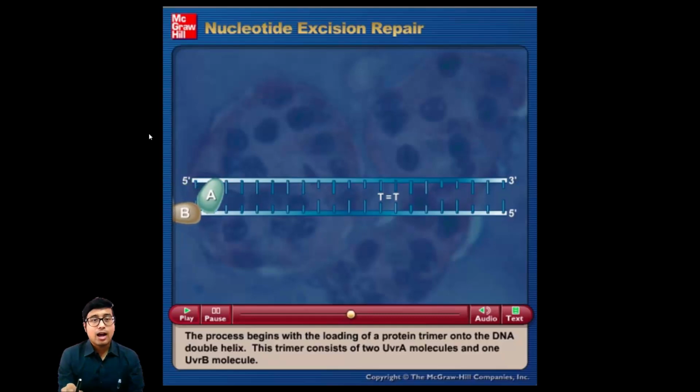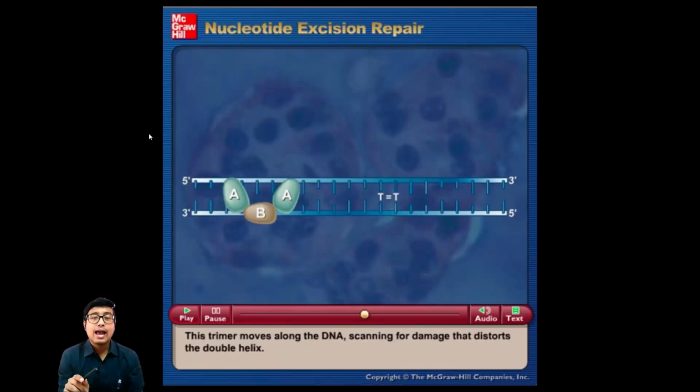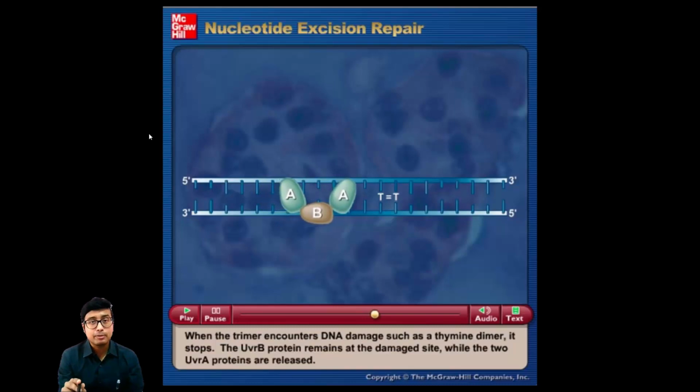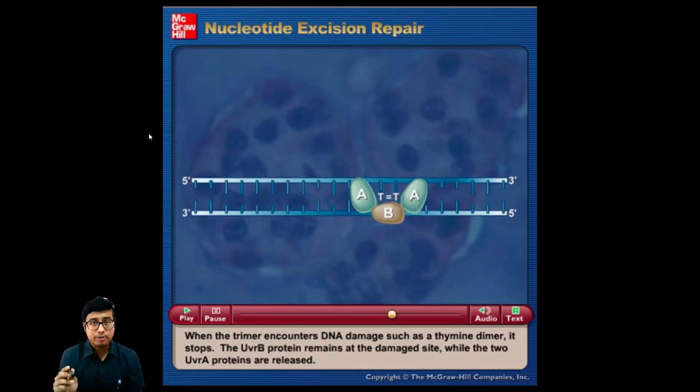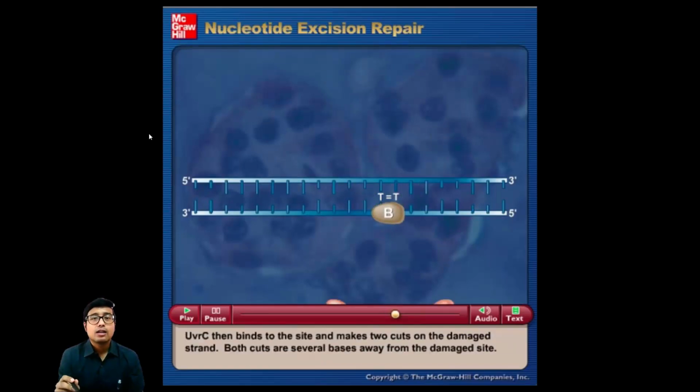Now you see how it happens. Two units of UVRA complex with UVRB to form a complex, and it scans the DNA till it finds the distortion, the site of damage, the site of pyrimidine dimers in the double helix. Whenever this complex encounters this TT repair site, the UVRAs are lost.